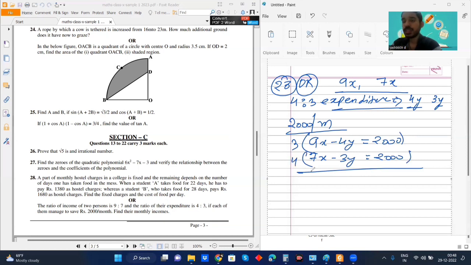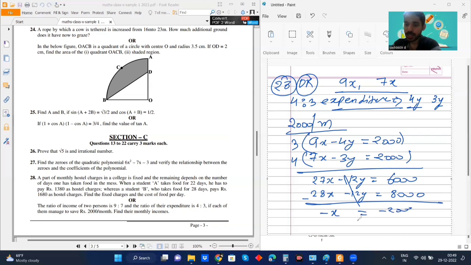What will this do? This will equate the y coefficient and we can easily solve them. So it will come 27x minus 12y equals 6000, 28x minus 12y equals 8000. Now I'll subtract them. So I'll get minus x equals minus 2000 or x equals 2000.